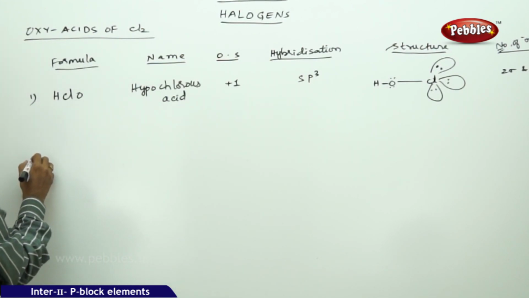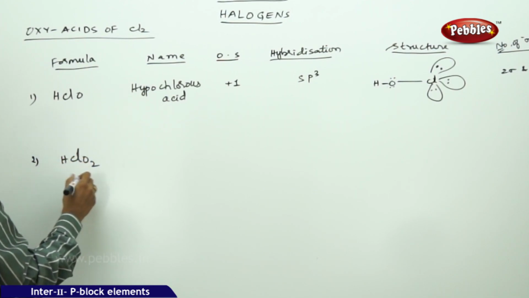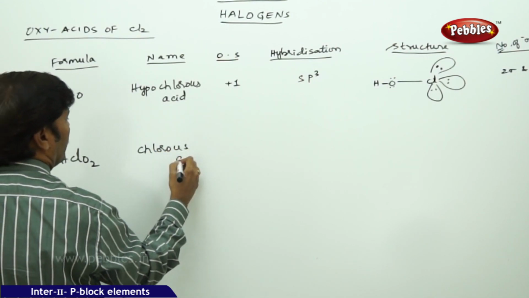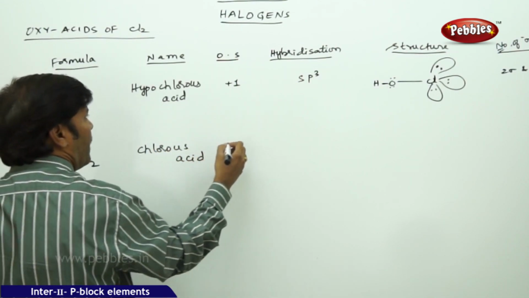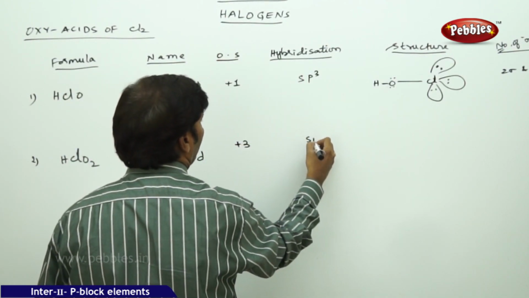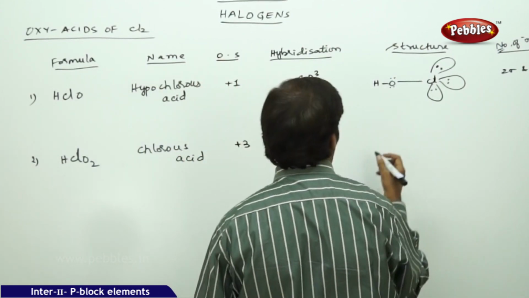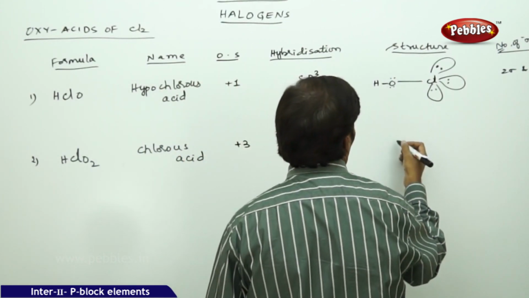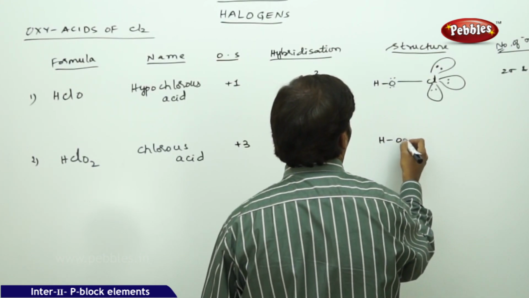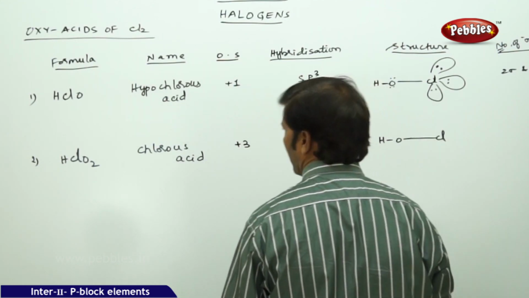If I go for the second, that is HClO2, this is chlorous acid. It is in the +3 oxidation state, and this is sp3 hybridization. Take the structure of chlorous acid. It has 2 lone pairs, so I am going to take hydrogen single bond oxygen. Chlorine has 2 lone pairs.